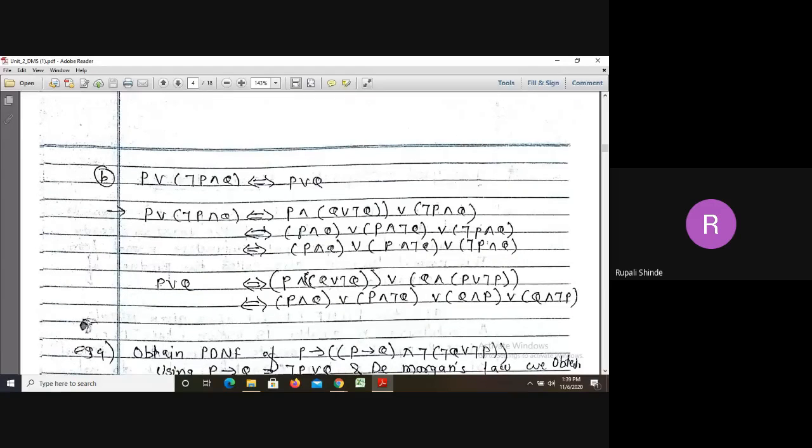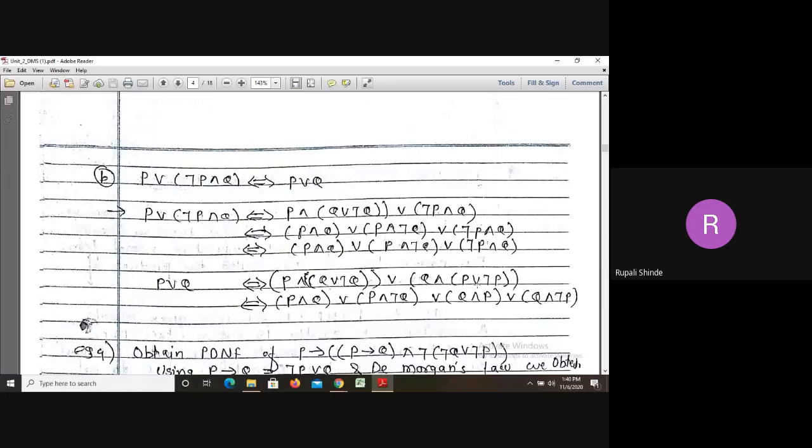Now for this P, Q is missing, and for this Q, P is missing. So we have to add it explicitly. So for this P, we have to add Q. So P and (Q or negation Q). So this is the first bracket. Here we have added Q for P. Now OR symbol as it is, Q and (P or negation P).